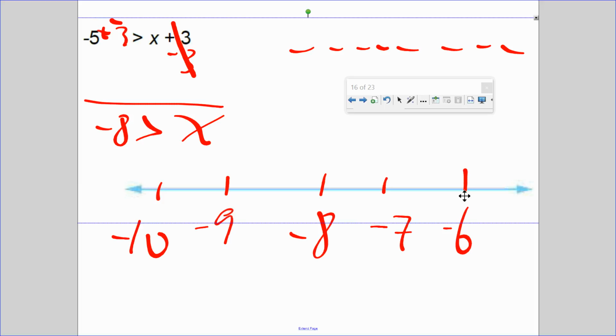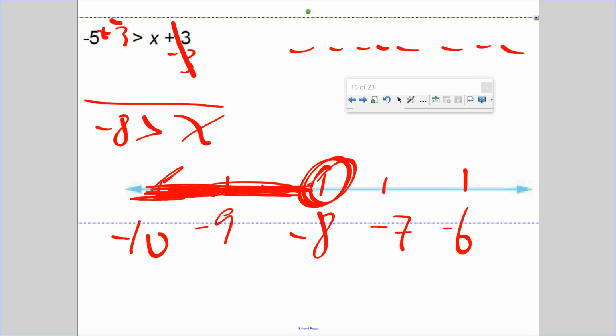Negative 8 is bigger than numbers like negative 9 and negative 10 and all these really tiny numbers. But does it include negative 8? No, open dot. So that's it.